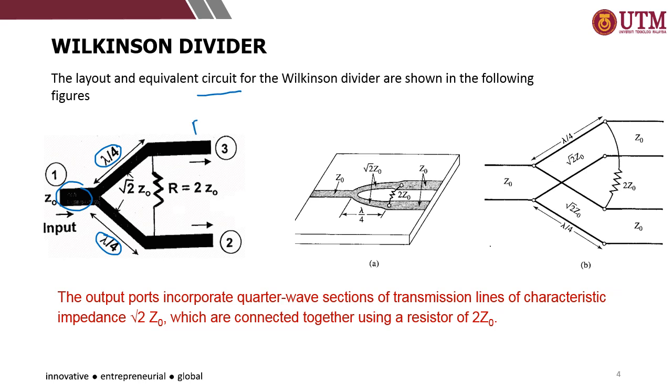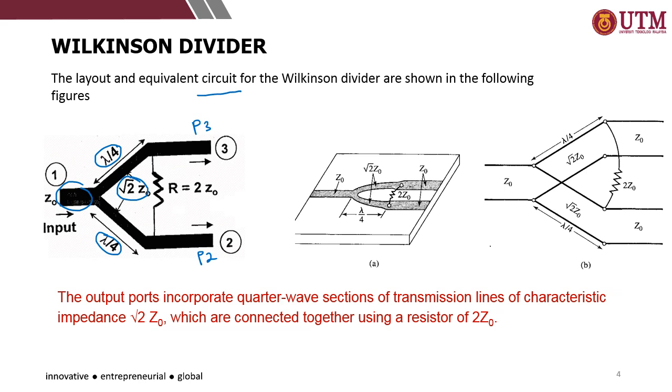So this is port 3 and also port 2. So there are additional lambda over 4 elements included in parallel to the T-junction design. Each of these lambda over 4 transformers has the impedance of √2 Z0.